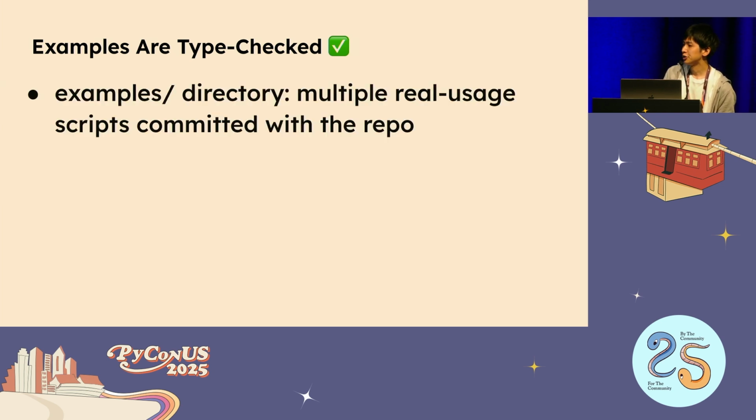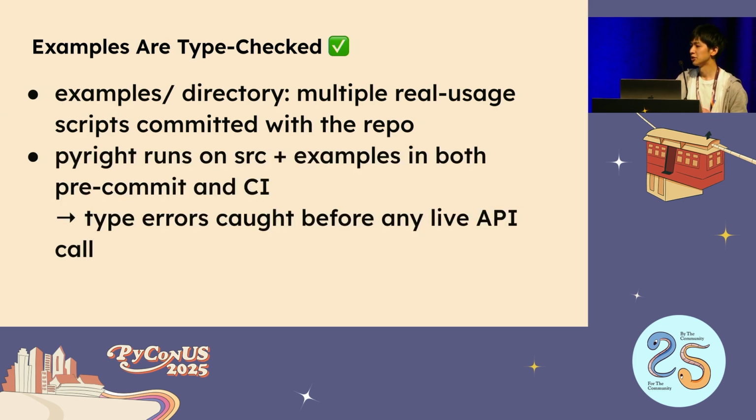Okay, this project has many examples. I showed you the example for Book, and we have many examples in the repo, in the examples directory. This has many real usages. Also our pre-commit and the CI GitHub Actions run Pyright rules on the source and the examples.